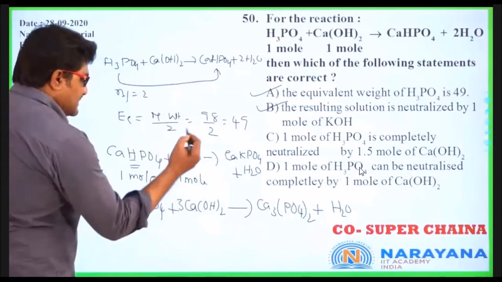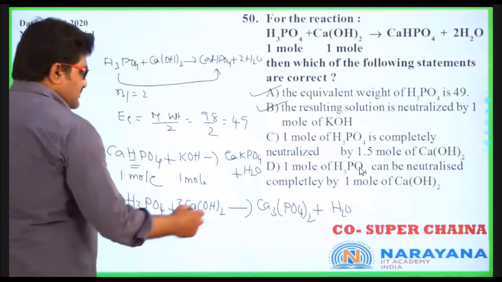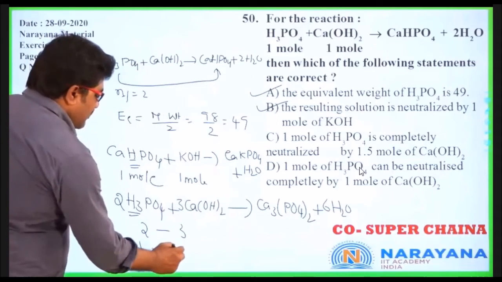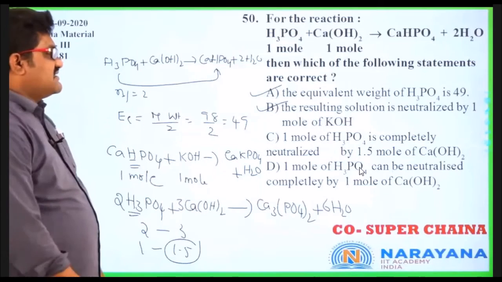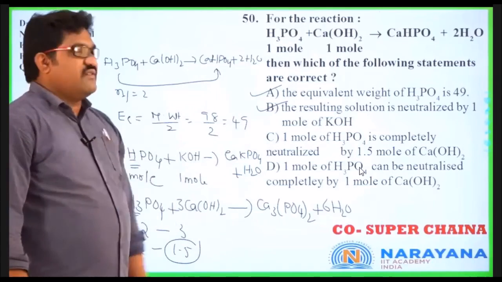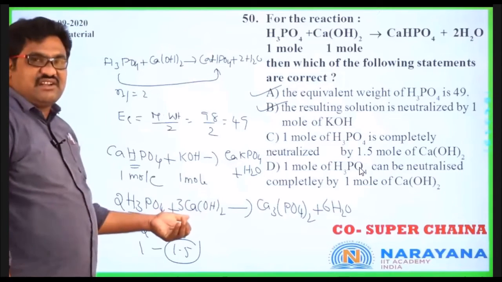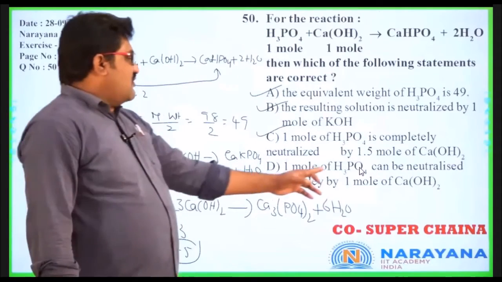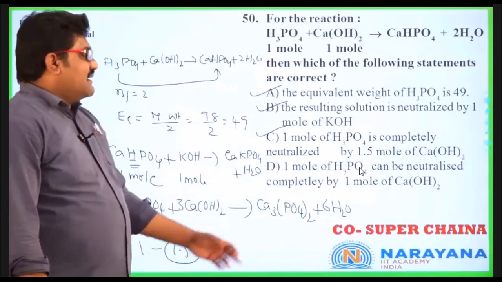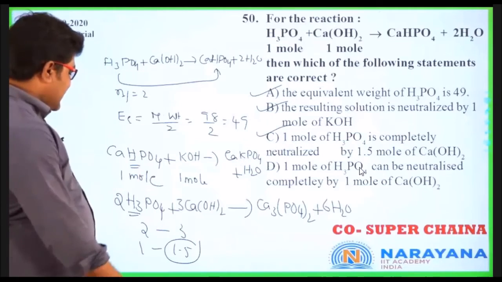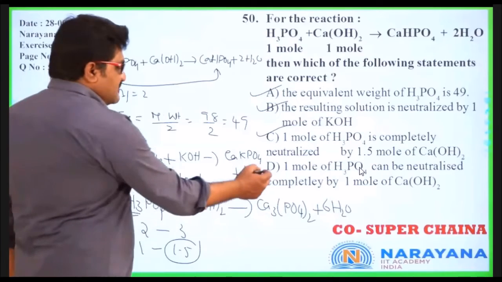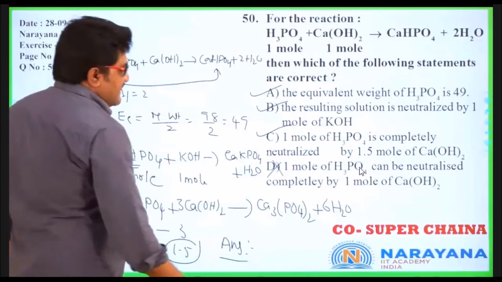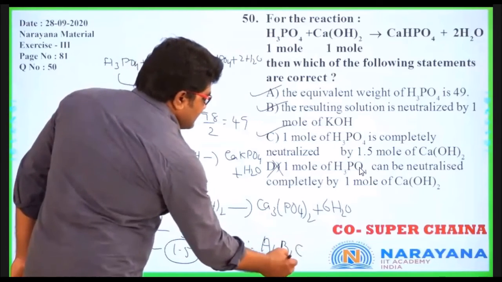After balancing, 3 calcium and 2 phosphate are required, so 6 water molecules are formed. So for 2 moles, 3 moles of calcium hydroxide were required. For 1 mole, how many moles were required? 1.5 mole was sufficient for the complete neutralization of 1 mole of H3PO4, because for 2 moles, 3 moles of calcium hydroxide was required. So C is also correct. Now, 1 mole of H3PO4 can be neutralized completely by 1 mole of calcium hydroxide, but that is wrong because 1 mole of this requires 1.5 mole. So this is wrong. So the answer for this multiple answer question is A, B, C.